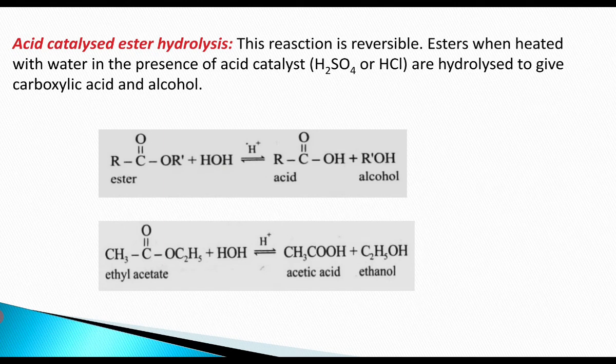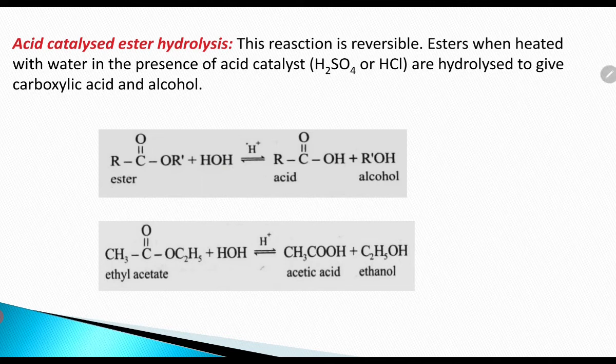Next, acid catalyzed ester hydrolysis. This reaction is reversible. Esters, when heated with water in the presence of an acid catalyst, that is sulfuric acid or hydrochloric acid, undergo hydrolysis and give rise to carboxylic acid and alcohol.